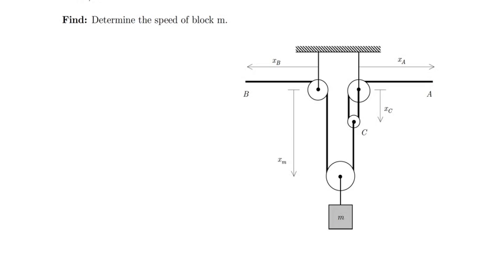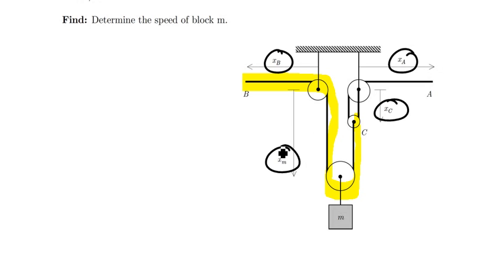And so to start, I'm going to go ahead and add up segments of rope on the left-hand side of this equation, and I'll take this little segment path here. Given in this problem the coordinates xb, xa, xc, and xm, let's see what we can do.